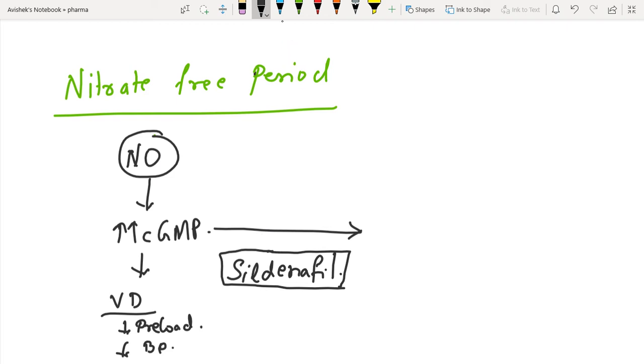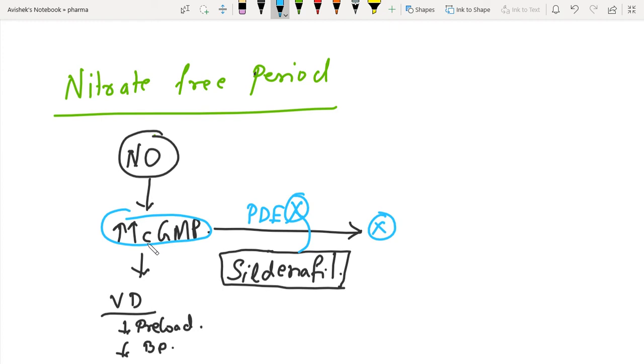So what does sildenafil do? Sildenafil blocks PDE, phosphodiesterase. What phosphodiesterase does is break down cGMP, sorry.